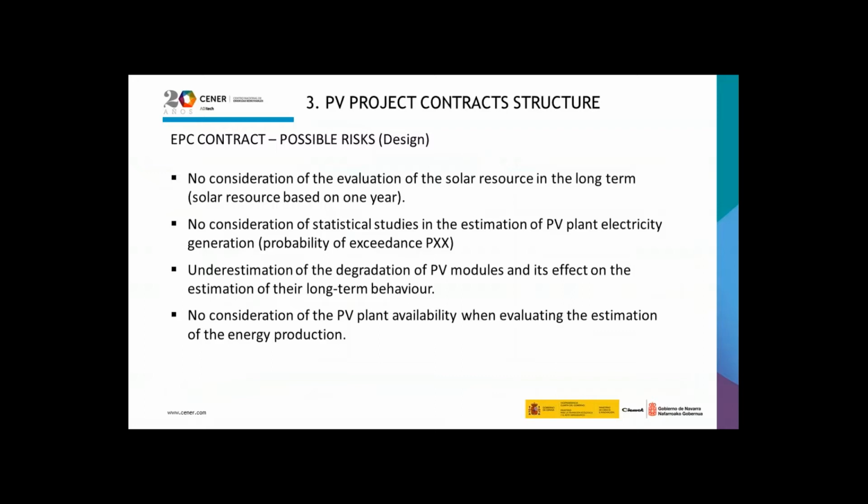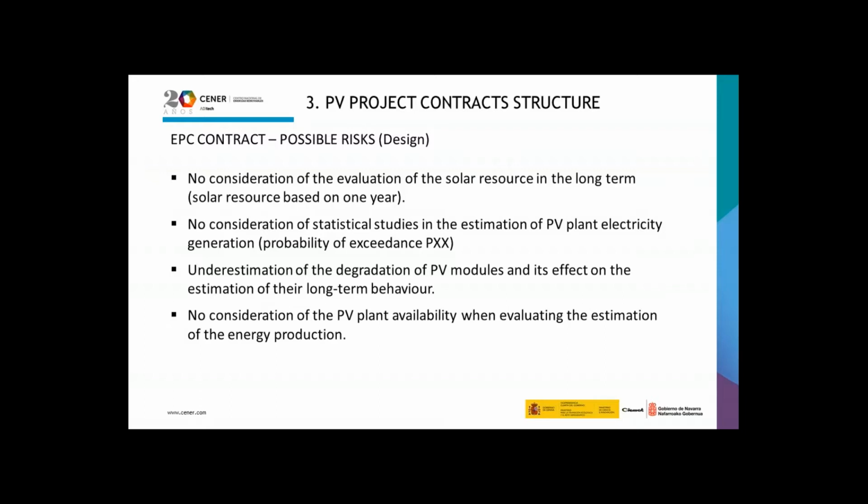There are several kinds of possible risks in the EPC contract. From the point of view of design, the possible risks of the EPC contract are the no consideration of the evaluation of the solar resource in the long term, because the solar resource is based on 1 year, the initial year.